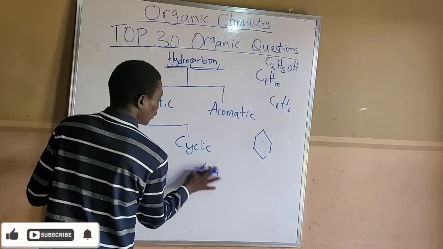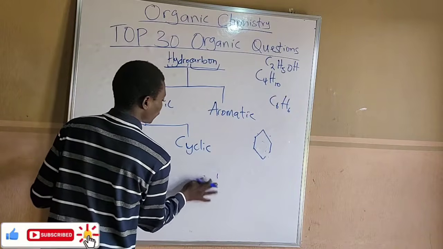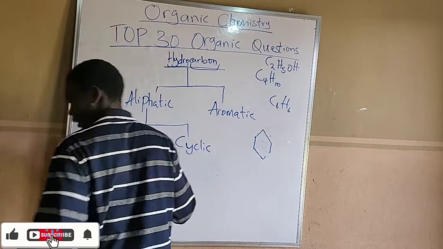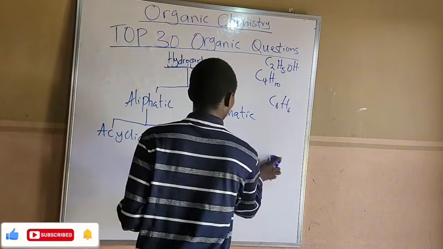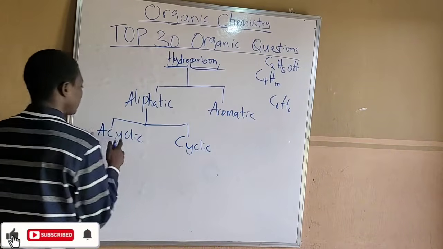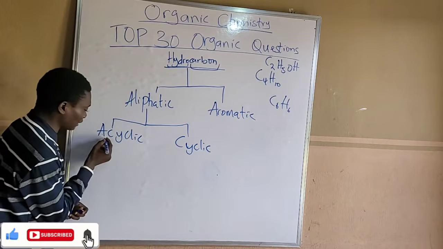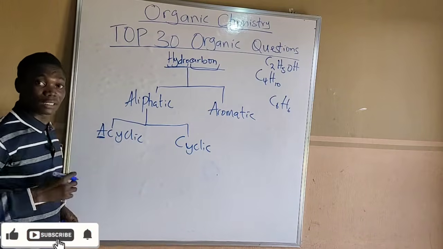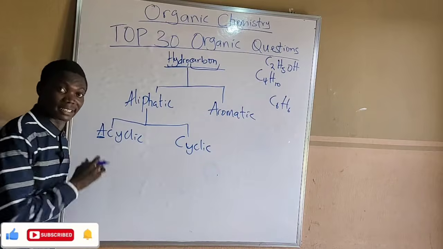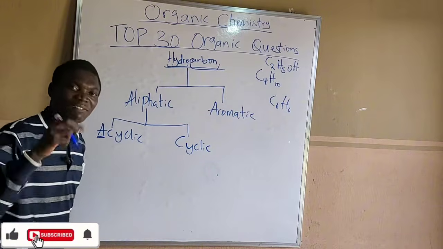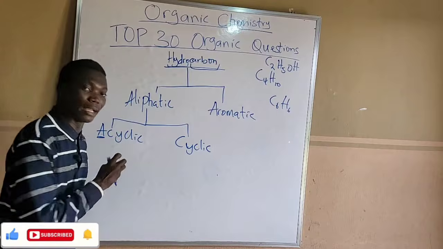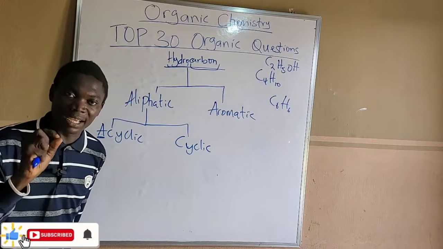When you talk about cyclic and acyclic, what started acyclic? It started with A. Acyclic started with A. So we have 3 major ones present here: alkanes, alkenes and alkynes.